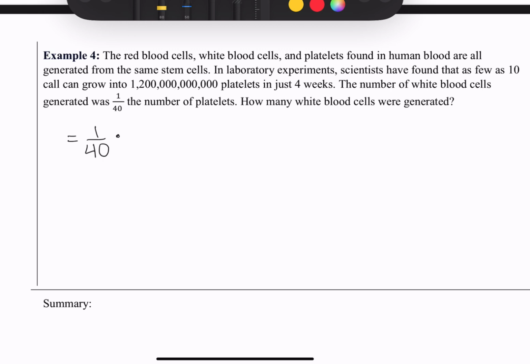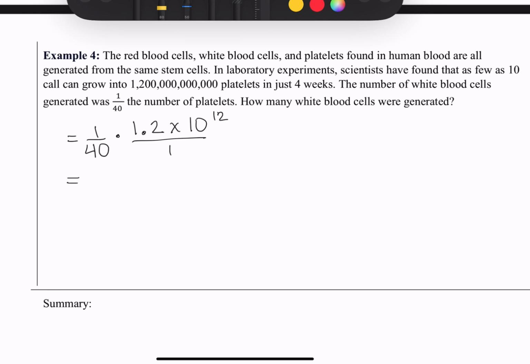So I'm going to go ahead and write 1.2 trillion in scientific notation to make this a little bit easier to work with. So this will be 1.2 times 10 to what power? Well, I went 3, 6, 9, 12. And that's over 1. Now, if I use scientific notation for the 40 in the denominator, I might have a few less zeros here to work with.